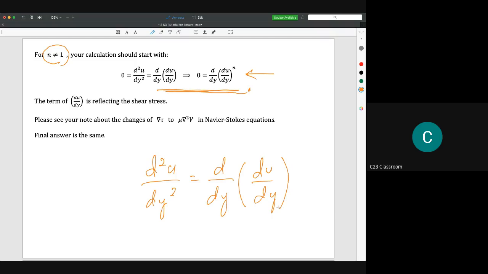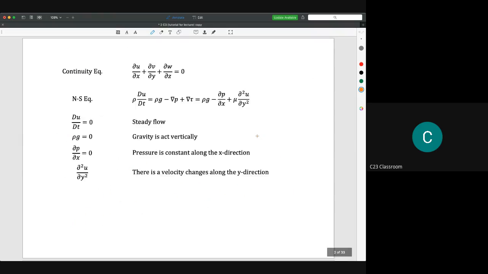So this is actually the mu here. We have a mu here, so this is actually the tau. That's why, if you see the first equation here, we have shear stress, the nabla and tau. The nabla here is the simplification of the process of del over del y, and the tau here is mu du dy.